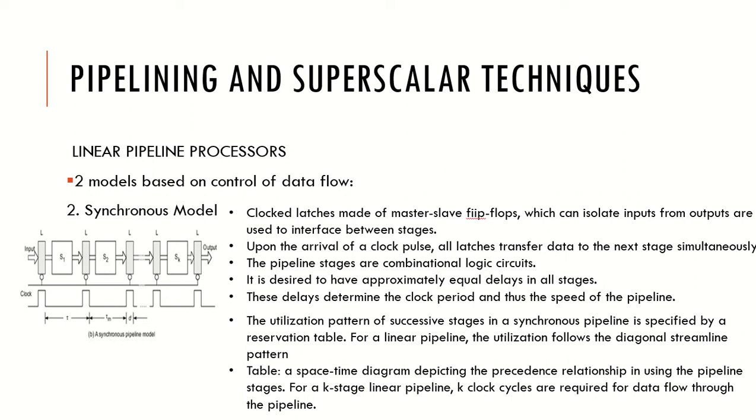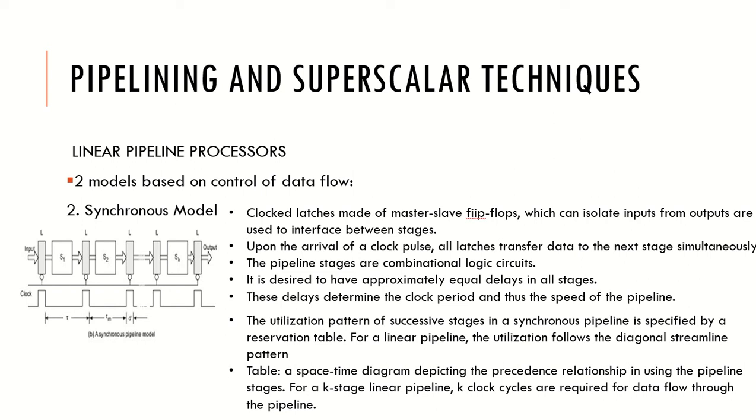It is designed to have approximately equal delays in all stages, else it will be difficult to achieve the performance level. These delays determine the clock period and thus the speed of the pipeline. The utilization pattern of successive stages in a synchronous pipeline is specified by something called a reservation table. You can even use the reservation table in the case of an asynchronous method also, but it is most widely used in the case of the synchronous model.